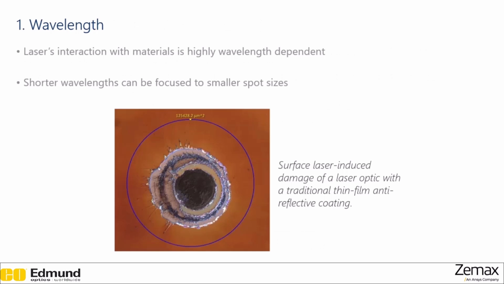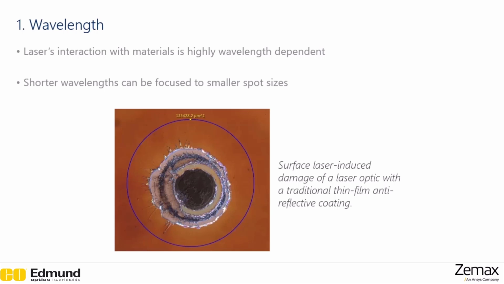We also see from this interaction with materials being dependent on the wavelength that you're able to damage certain surfaces with some lasers, particularly shorter wavelengths, which can be focused to smaller spot sizes because of the optical diffraction limit, and have high energy photons that can damage surfaces, or surfaces that are very absorbent to the thermal energy of a particular wavelength can be damaged by that wavelength laser.